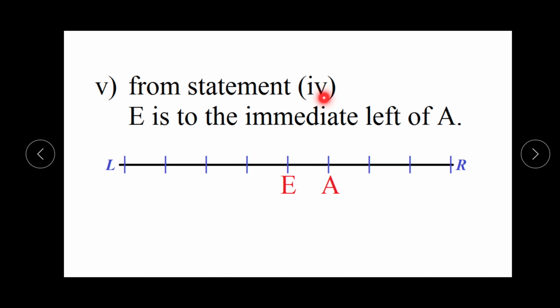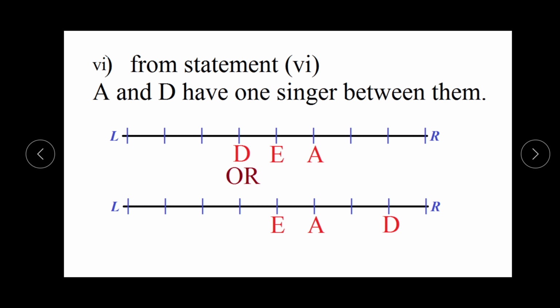If we check the fourth statement, it is given that E is to the immediate left of A. It means we will take another line, and on that line we will take A, and fix E to the left side of A. And from the sixth statement, it is given that A and D have one singer between them.